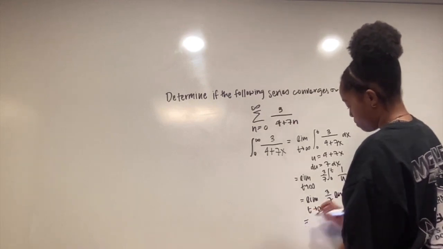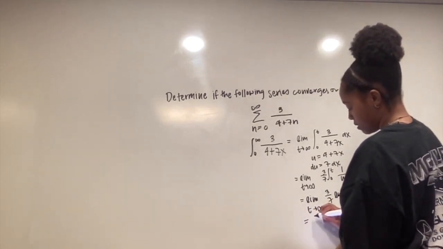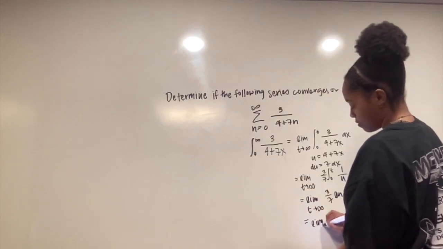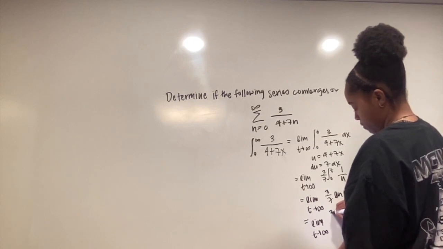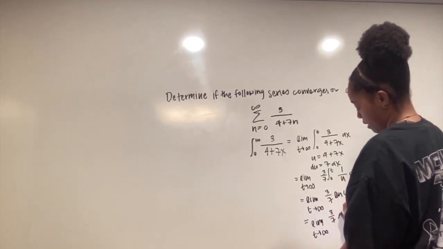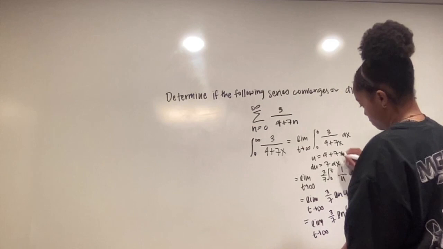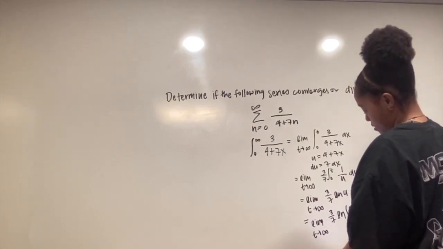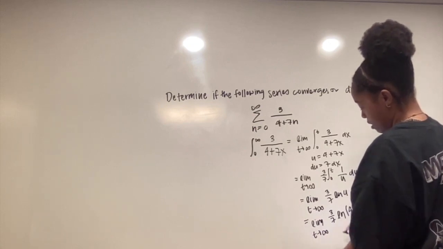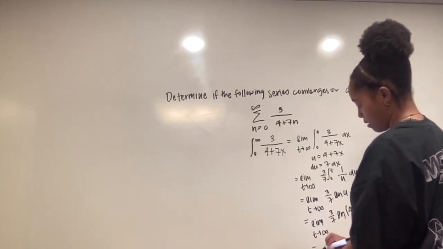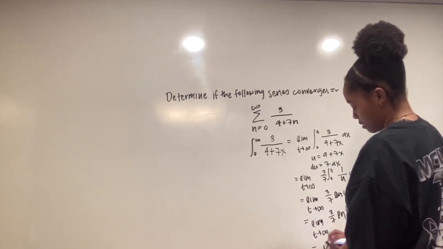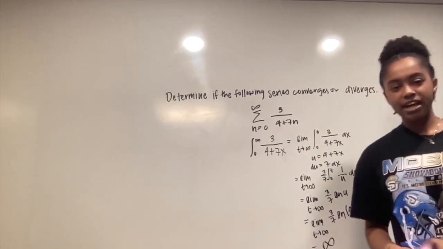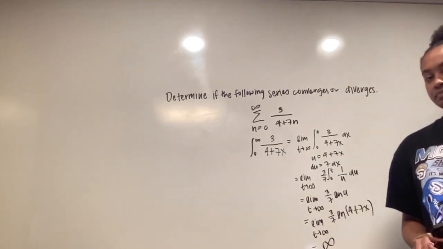And then we would just put back in u to our equation. So we will have the limit from t to infinity of 3/7, and this goes to natural log of 4 plus 7x. And then technically our x is infinity here. So this ln would just be going to infinity. And since it goes to infinity, the series diverges instead of converges.